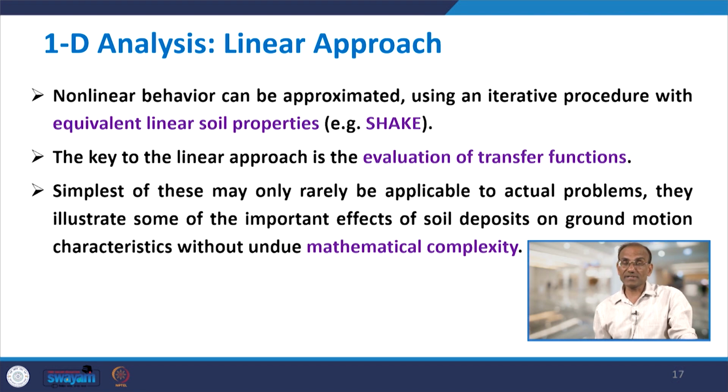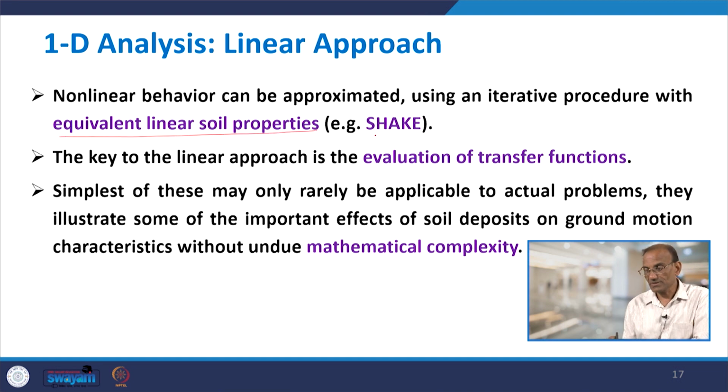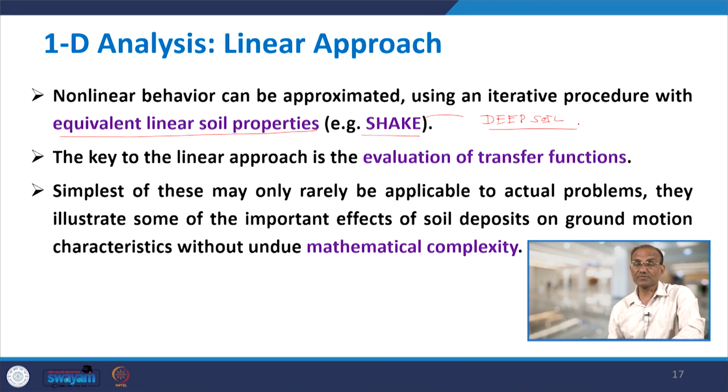However, nonlinear behavior can be approximated using an iterative procedure, such as equivalent linear soil properties. For example, the SHAKE algorithm uses an equivalent linear model. Similarly, there is another algorithm, DEEPSOIL, which is also based on this equivalent linear model. DEEPSOIL is also software for ground response analysis.